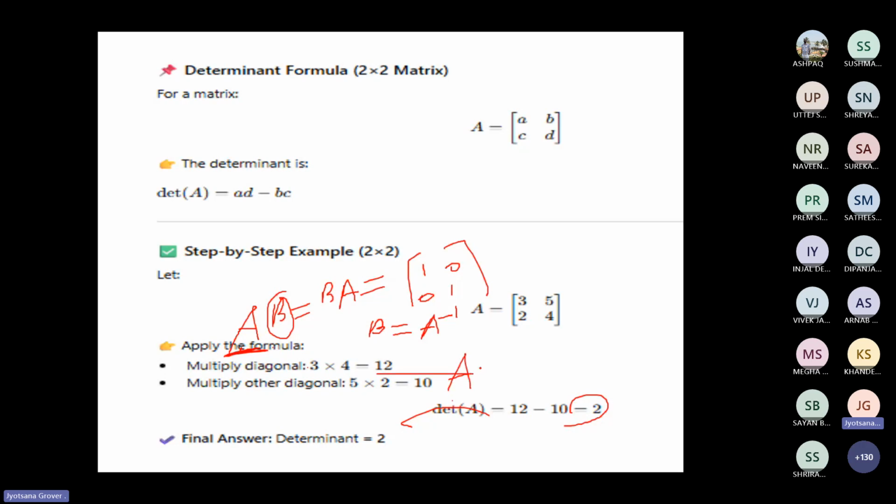So you can write A into A inverse is equal to A inverse into A, which gives the identity matrix. So identity is this 1, 1, 0, 0. So this A inverse is nothing but B.